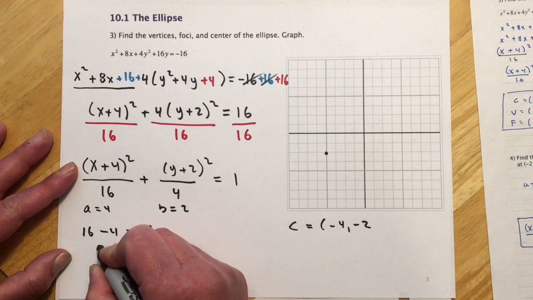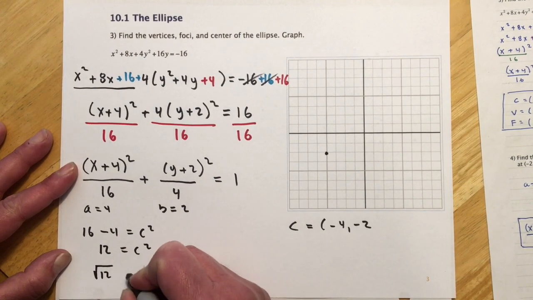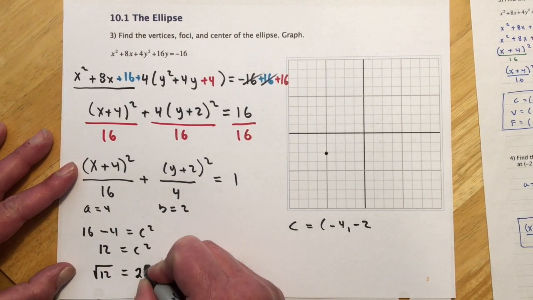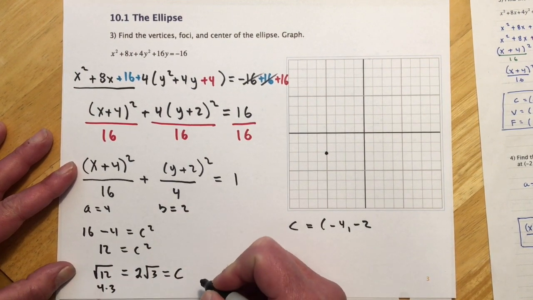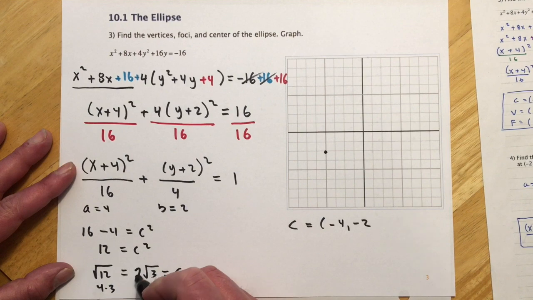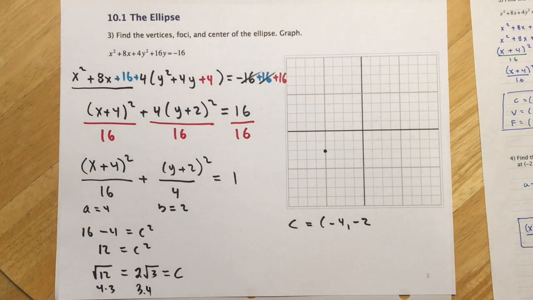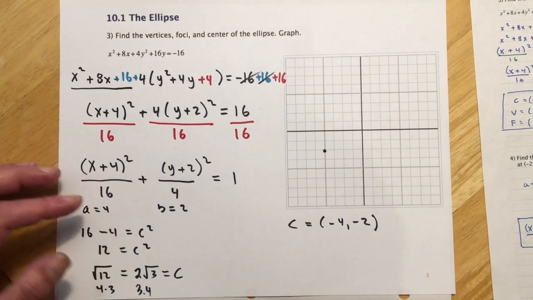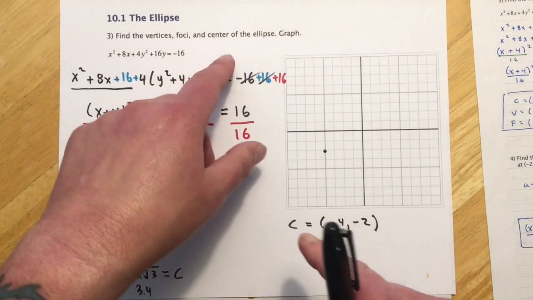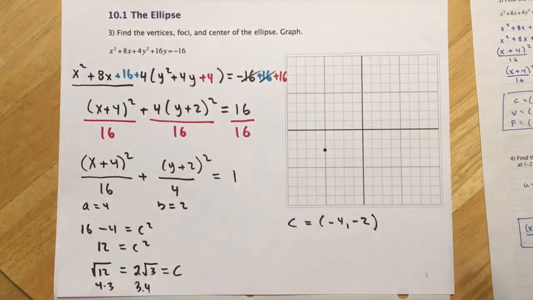So that means that 12 equals C squared, or root 12, which would be 2 root 3, because that's a 4 times a 3, equals C. And for graphing purposes, this would be about 3.4. So to get the rest of the vertices and foci, I'm going to graph.